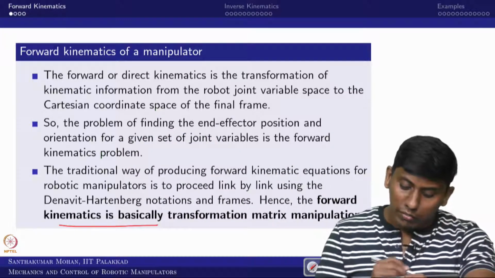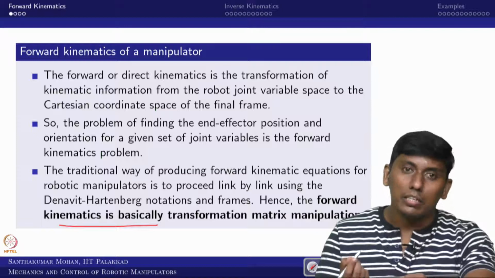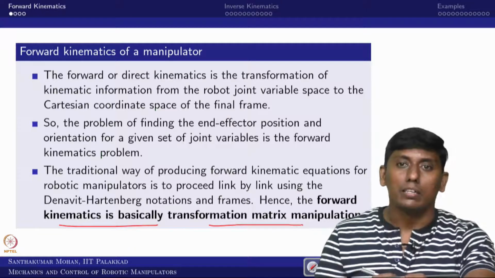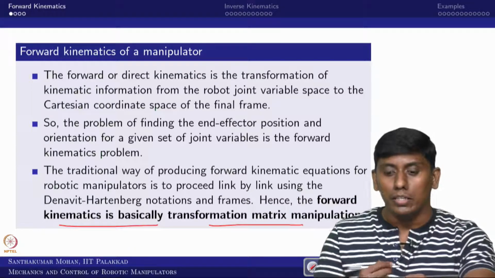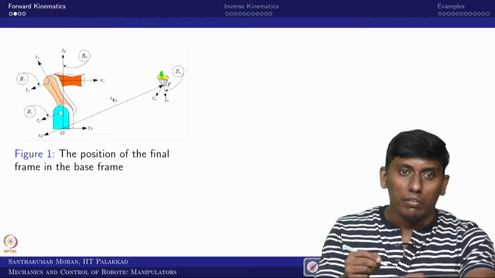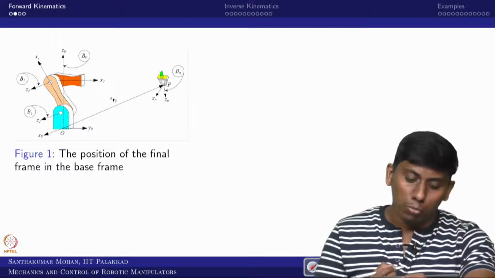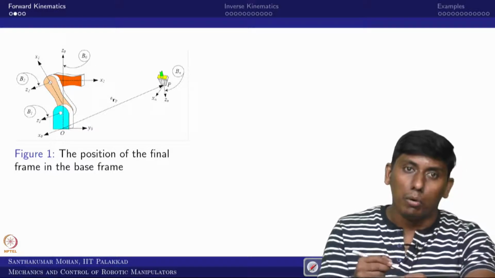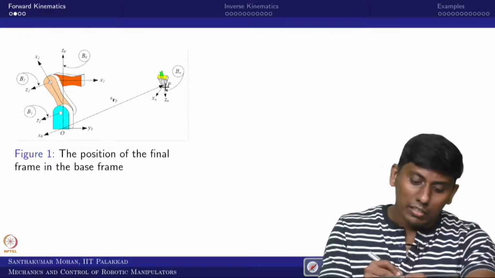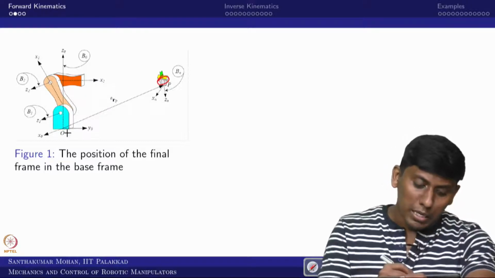This is actually very straightforward. Forward kinematics is basically a transformation matrix manipulation. What does that manipulation mean? Simple multiplication. For example, this is the real robot and you can see there are several bodies associated with the joints, and this gives the end point P and the base point 0.